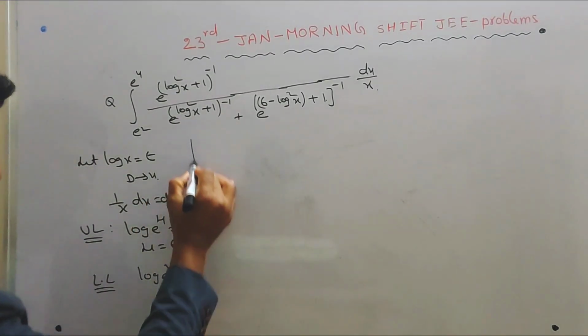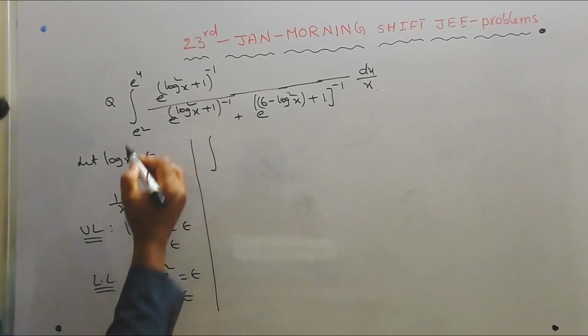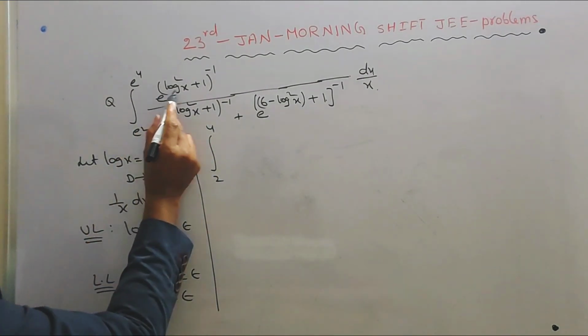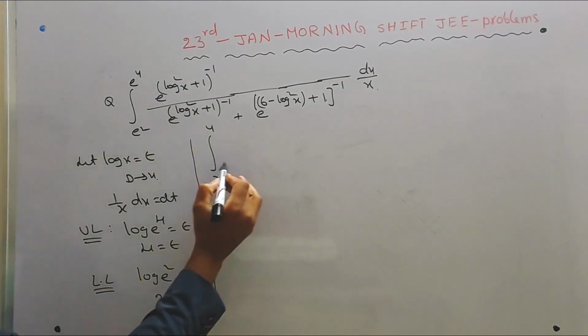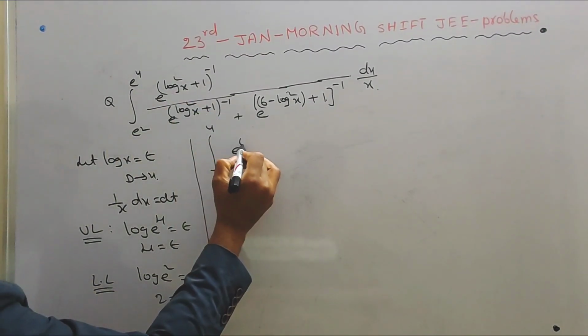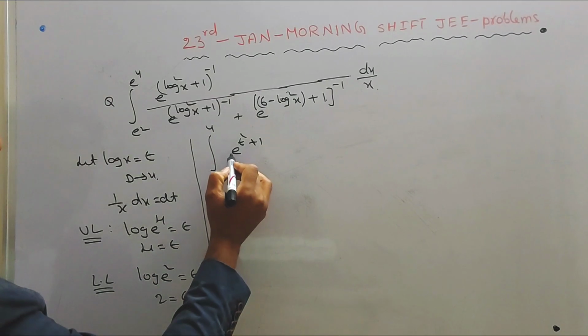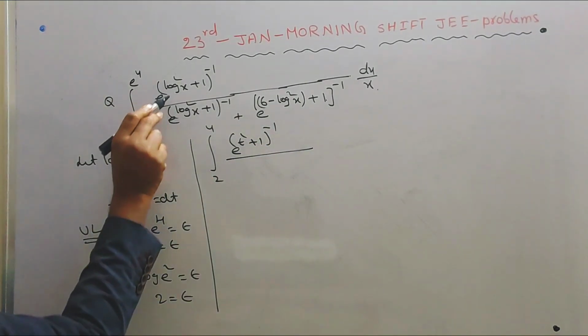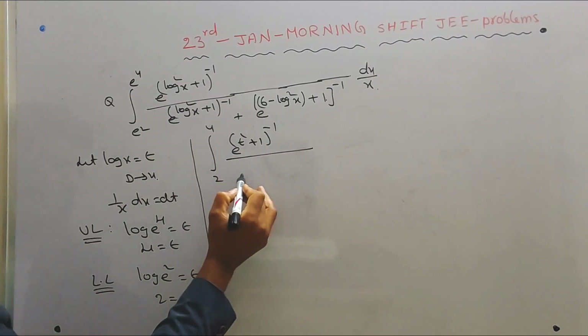Then substitute here. So here the integration of lower limit is 2, upper limit is 4. Okay, right? So we are taking log x as t, substitute here. So this is (t square plus 1) whole to the power of minus 1 by, look here, this step same one, so then you write the same step down also.